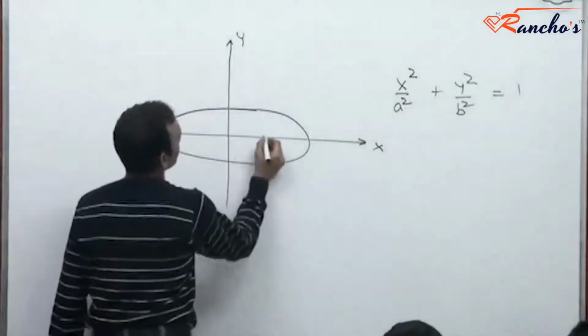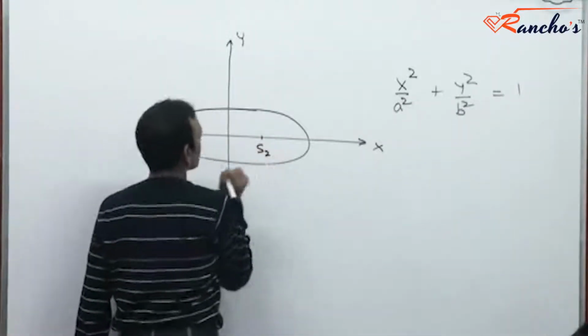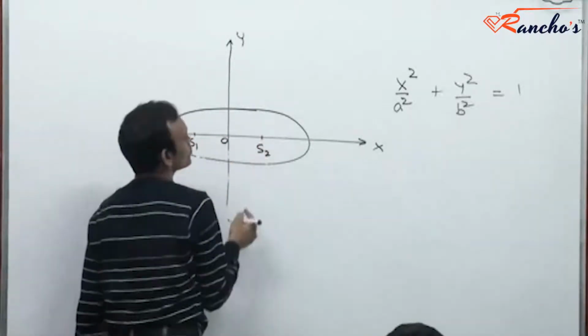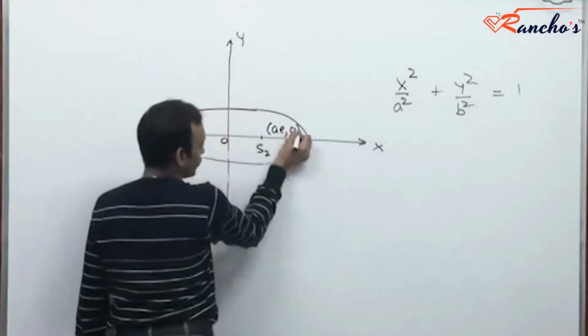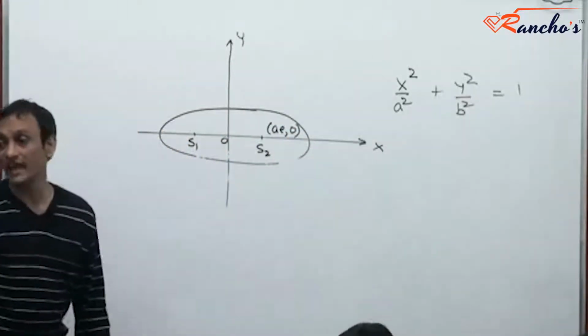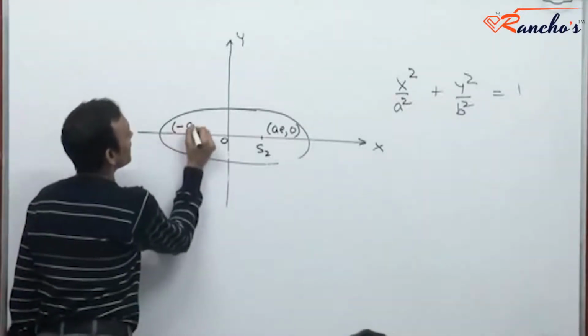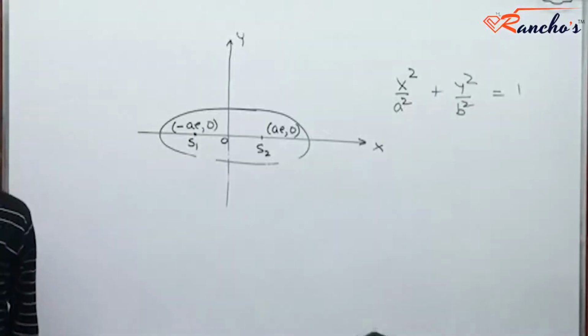It can be shown that the coordinates of the two foci S1 and S2 are the following. If O is the origin of coordinates, the midpoint of S1 and S2, then S2 has coordinates (AE, 0). S1 has coordinates (minus AE, 0). These are the coordinates of S1 and S2.